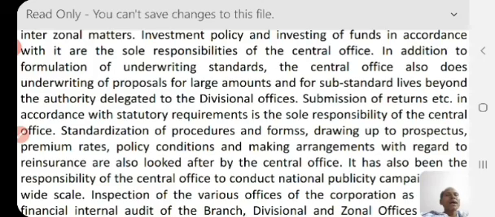Submission of returns, etc., in accordance with statutory requirements is also the responsibility of the central office. So submission of all statutory returns is the complete responsibility of the central office.